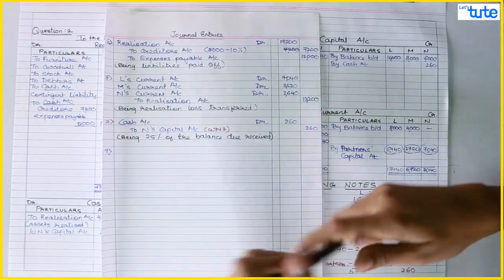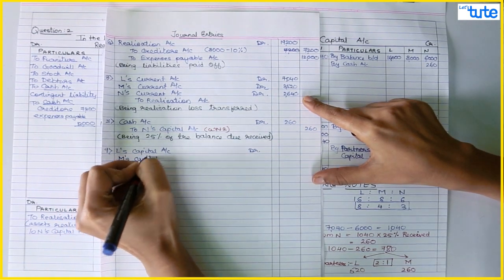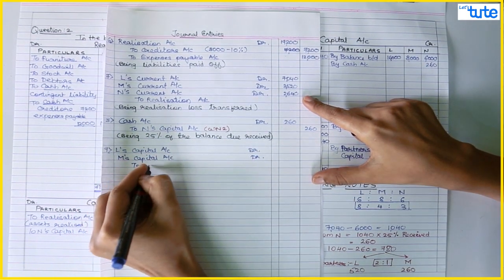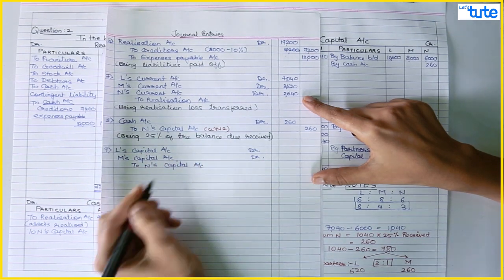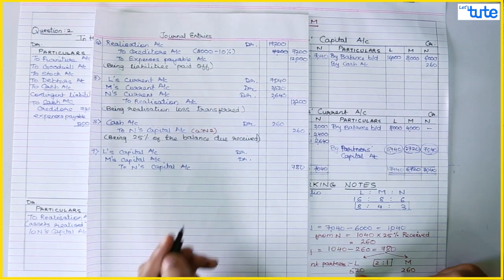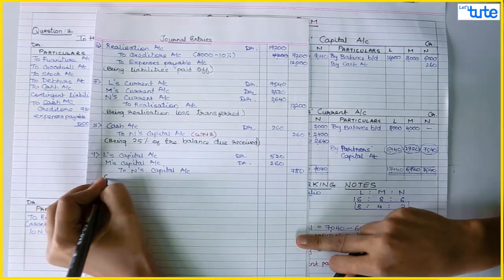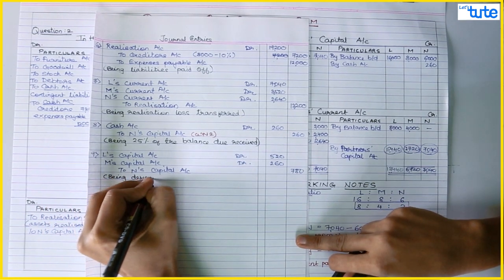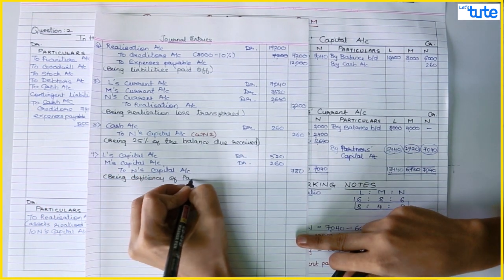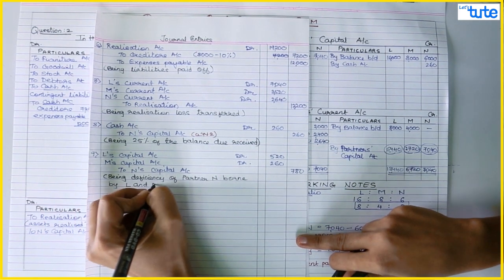So our entry would be L's capital account debit, M's capital account debit to N's capital account. The deficiency is 780, and borne by L is 520 and M is 260, being deficiency of partner N borne by L and M.